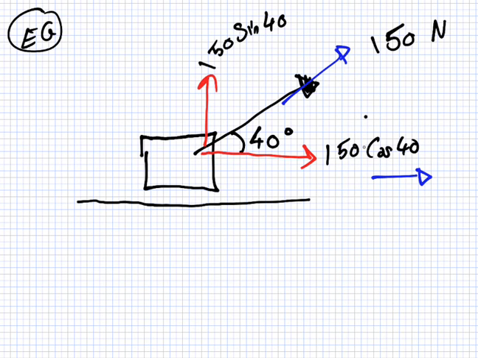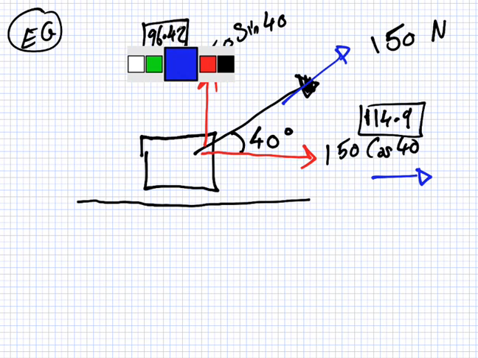Can you give me these numbers, please? What's the cos one? 114.9. And then the other one? 96.42.